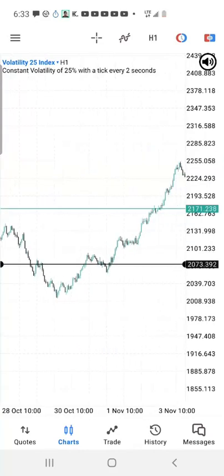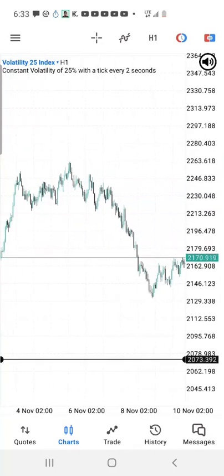Understand? That's where liquidity is. So anytime you enter a trade, always target where liquidity is, because that's where the big guys are targeting. Anytime you open a position, your take profit price should be targeted at where you know the big guys are targeting, which is the liquidity area.